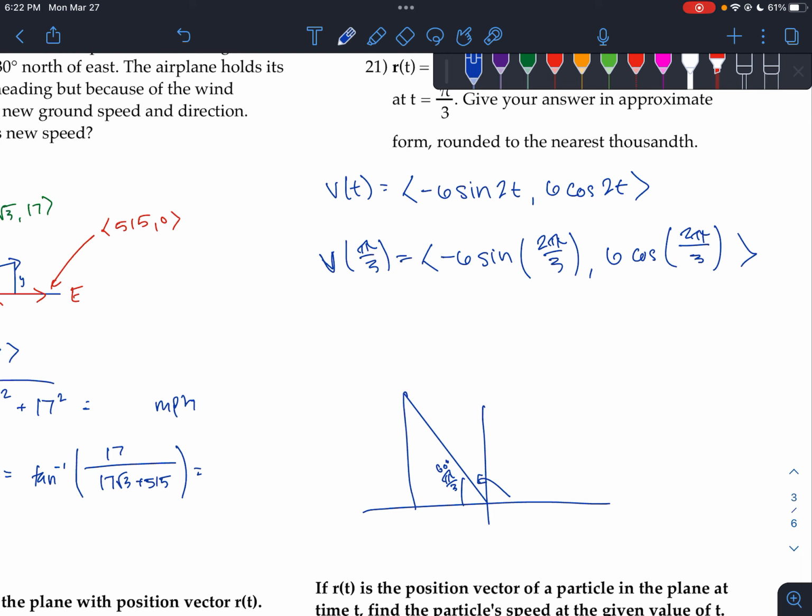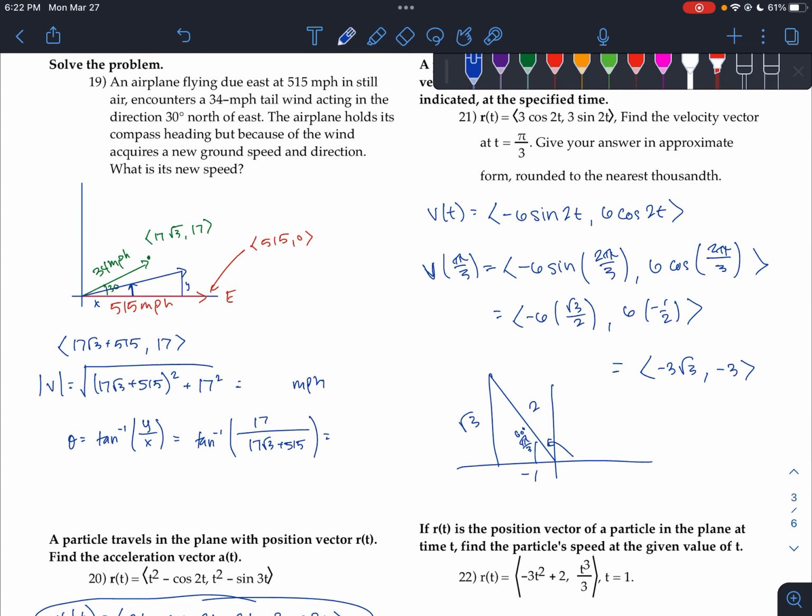So this is going to be negative 1, this is going to be 2, and that's going to be square root of 3. So sine is going to be equal to negative 6 times square root of 3 over 2, and then this is going to be 6, and cosine is going to be negative 1/2. So it's going to be equal to negative 3 square root of 3, and then that's going to be equal to negative 3. So there's your velocity vector right there at t equals pi thirds.